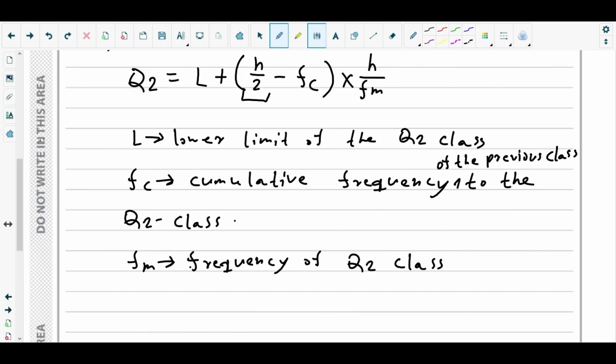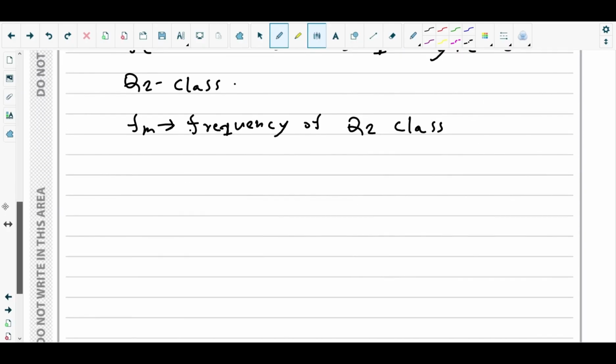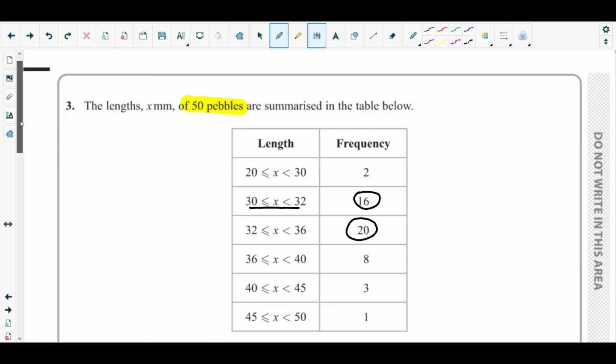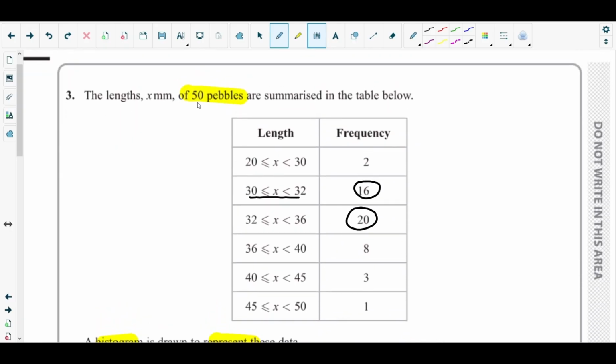So let's find it out easily. You can get it directly. Look, Q2. At first consider n/2. Where does this n/2 lie? Total number of data is 50, so 50/2 is 25. So where is 25? 2 plus 16, that is 18. 18 plus 20, that is 38.